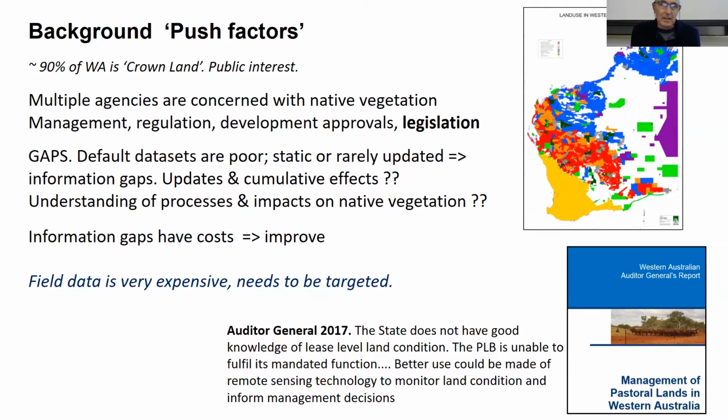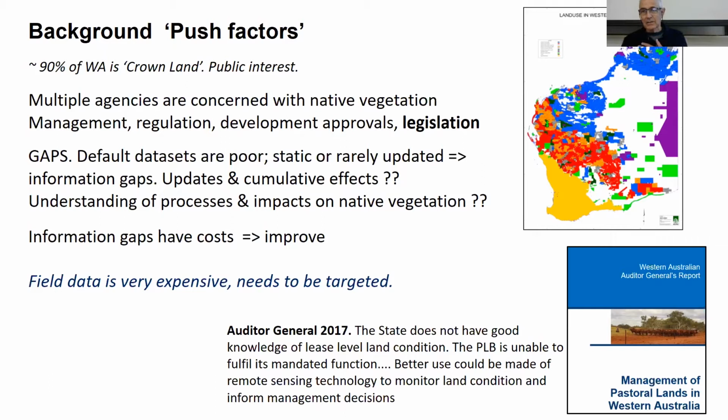In the context of that, there are multiple agencies concerned with specific aspects relating to native vegetation management, regulation, and particularly development. There's specific legislation and regulations around a lot of those processes. And the report was really commissioned because some of the leading people in those agencies realised that the data being used in a lot of those processes was really inadequate to the task, especially on the statewide scale.